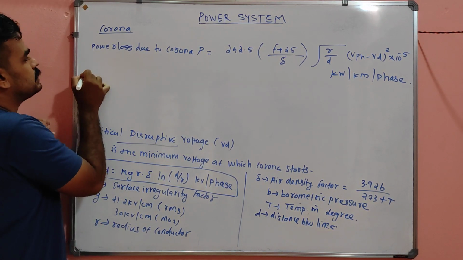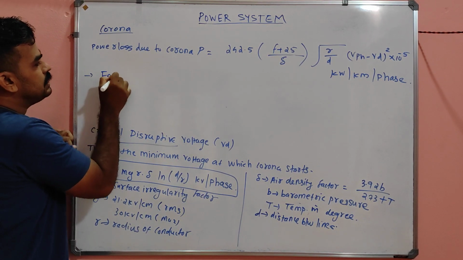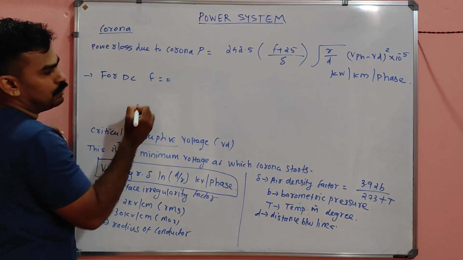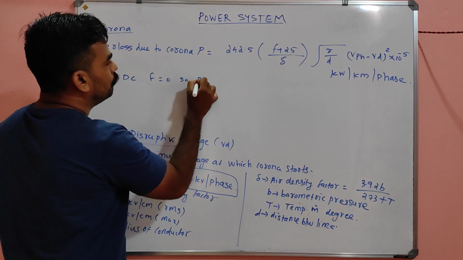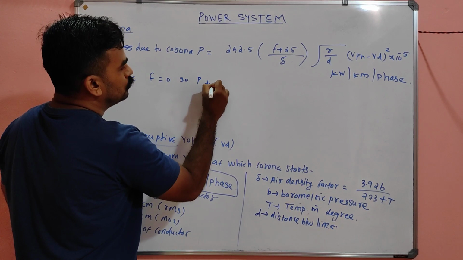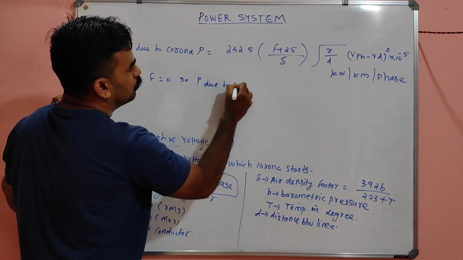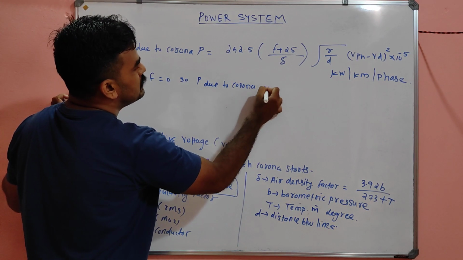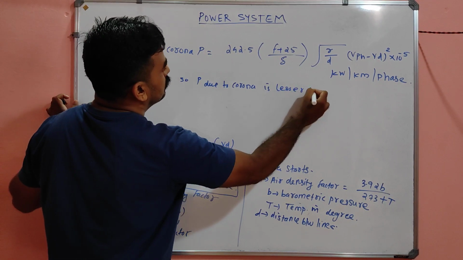And from this expression it is clear that for DC, f is equal to 0, so the power loss due to corona is lesser compared to AC.